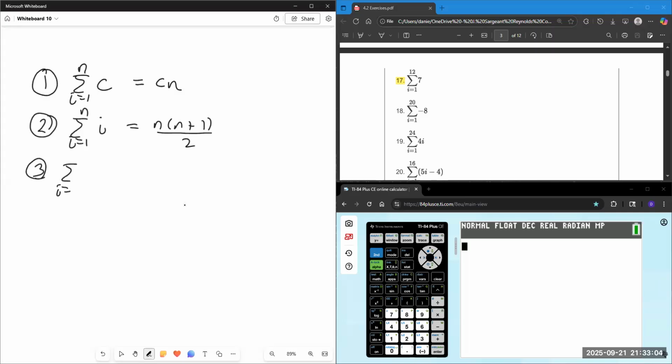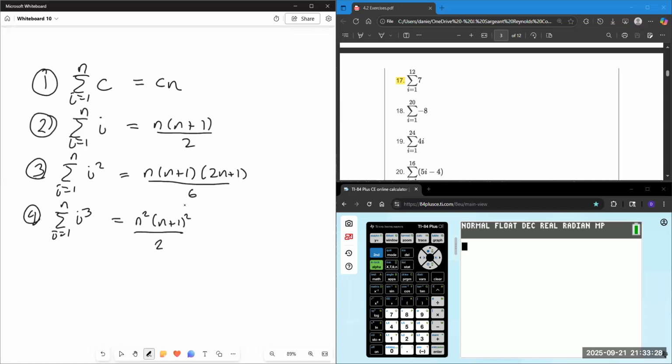Summation from i equals 1 to n of our variable i squared is n times n plus 1 times 2n plus 1 over 6. And i equals 1 to n of i cubed is equal to n squared times n plus 1 squared over 4.